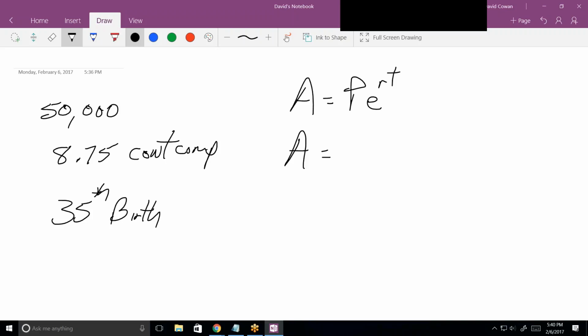In other words, let's fill in what we know at this point. 50,000 e. And then what's R? The 0.0875 times 35. Okay. And notice that there are no variables here except the one on the left.